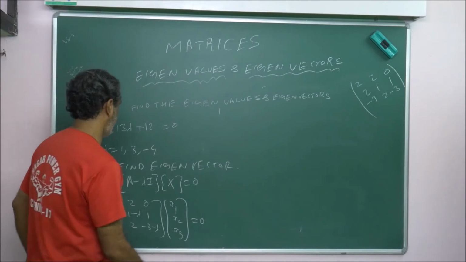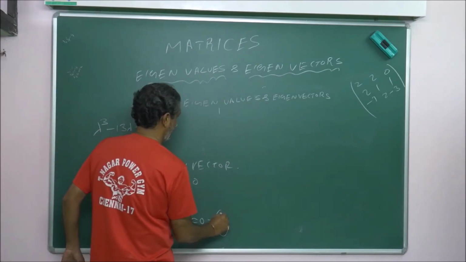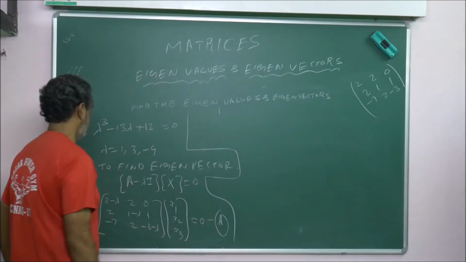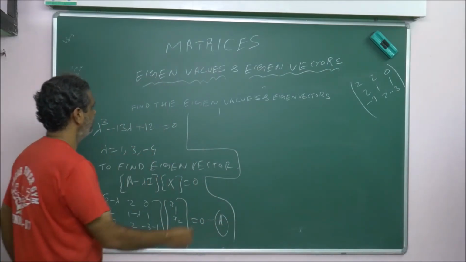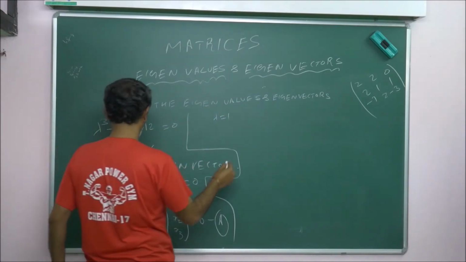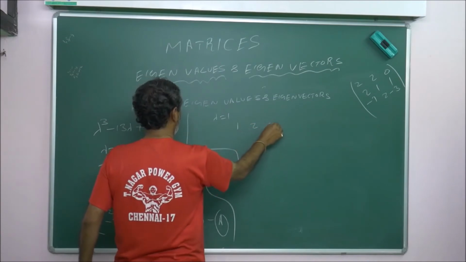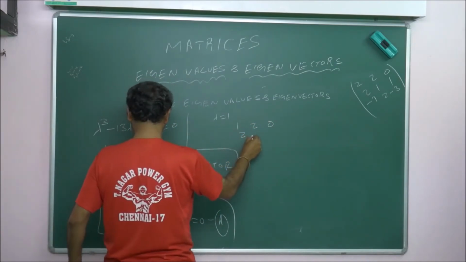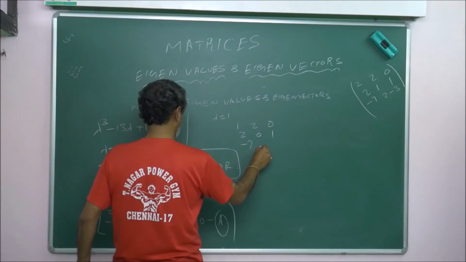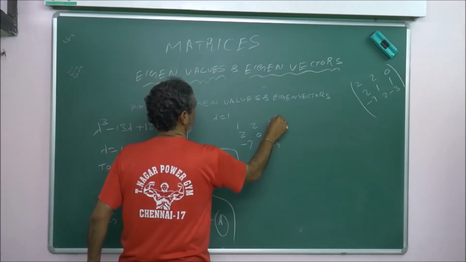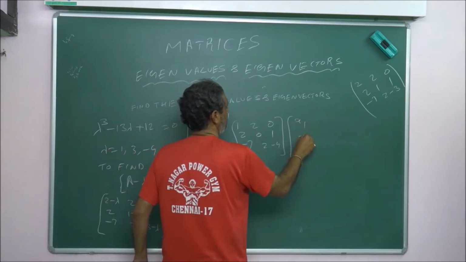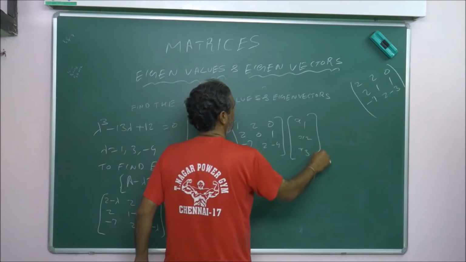Now we see, take this as equation A. The first case is when lambda is equal to 1. When lambda is equal to 1, what do you get? 2 minus 1, 2, 0; 2, 0, 1; minus 7, 2, minus 4, times x1, x2, x3.